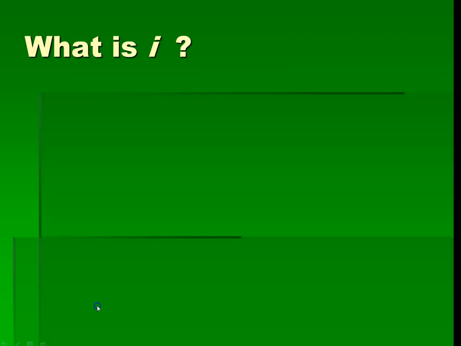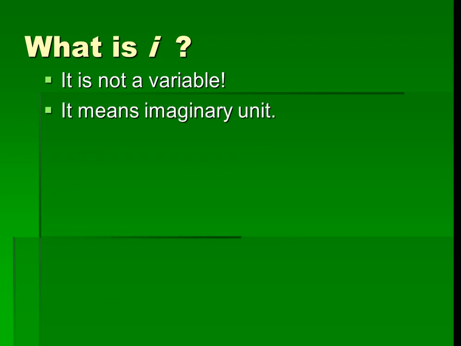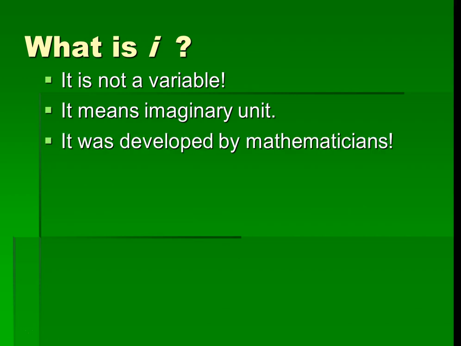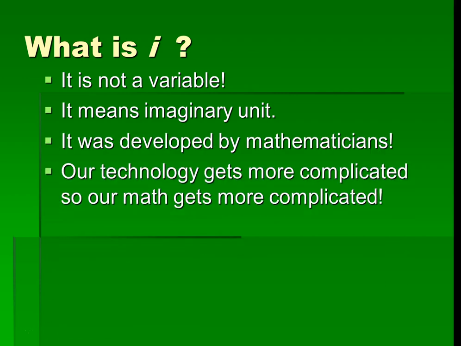So, what is i? Well, i is not a variable. It's not an x and a y or an a and b. It has meaning. It means the imaginary unit, and it was actually developed by mathematicians. As our technology gets more and more complicated and we start designing things, we keep running into this square root of a negative number that's impossible.